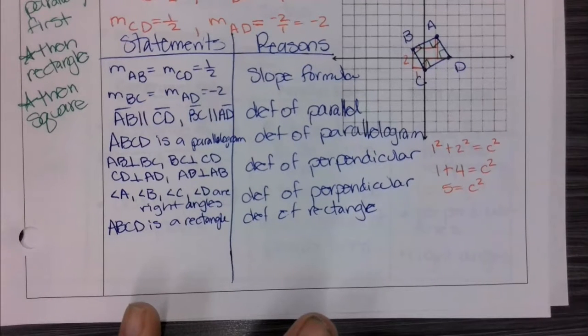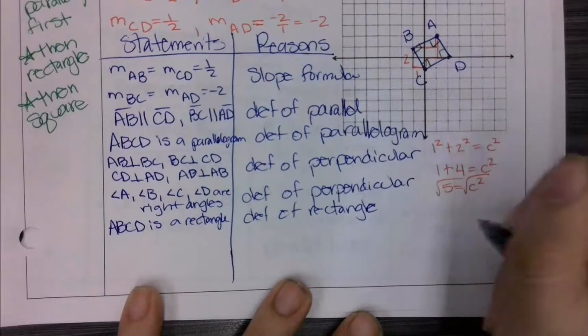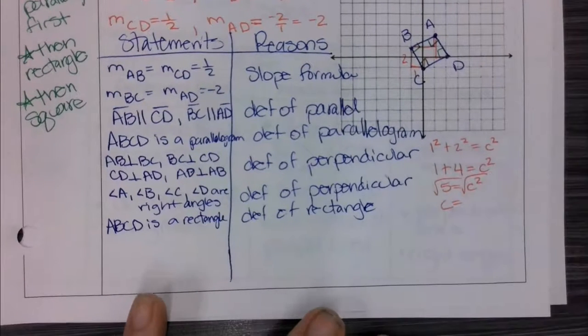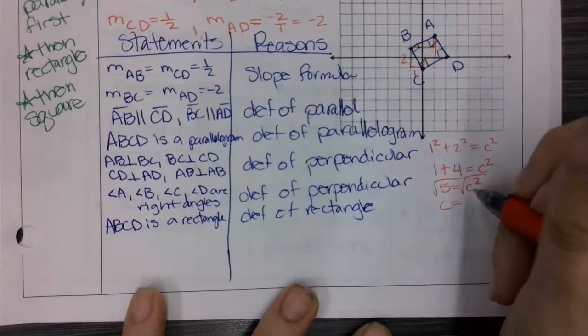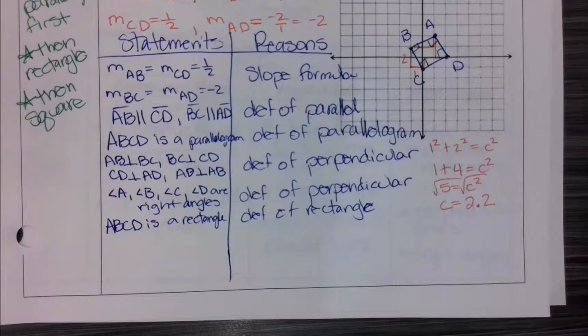Okay. Then I want to get C all alone. Square root it. And then on the calculator, what's the square root of 5? 2.2.